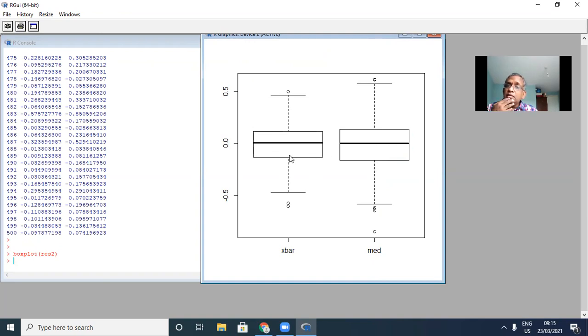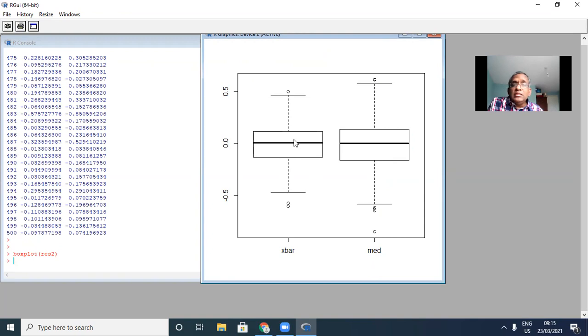As you can see, they are both pretty symmetric. They are more or less the same, except the variability of the first box plot is slightly smaller than the variability of the second box plot, right?